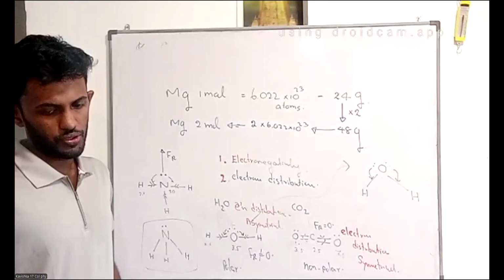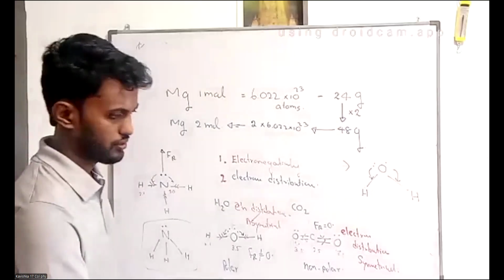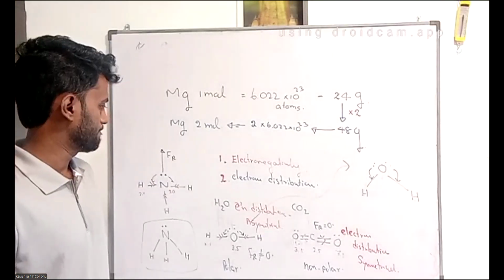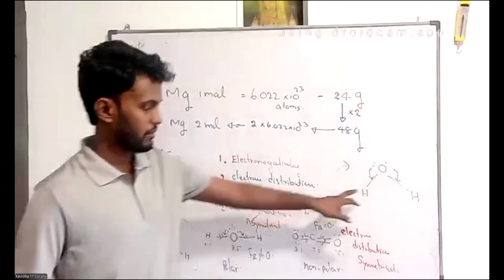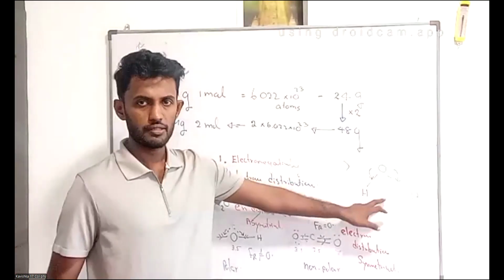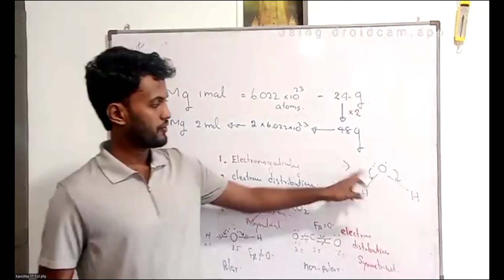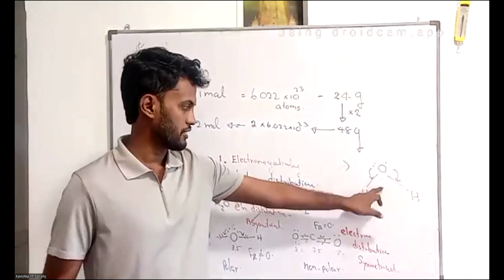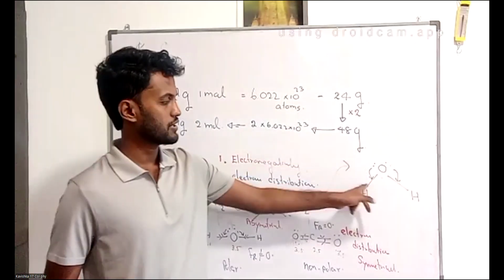Okay, quickly write a topic on polarity, and if anything is not clear, just ask. The H2O is what has been drawn here. H2O is modified and has a structure like this. This structure comes because of the repulsion of these electrons, the lone pairs.